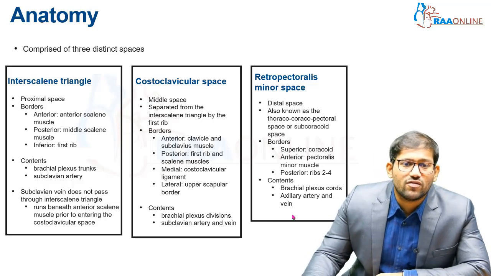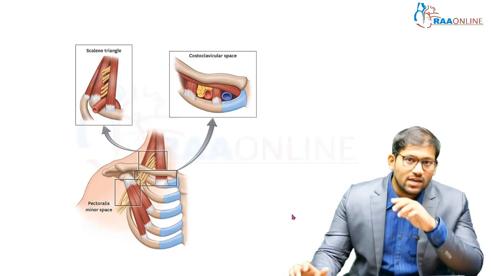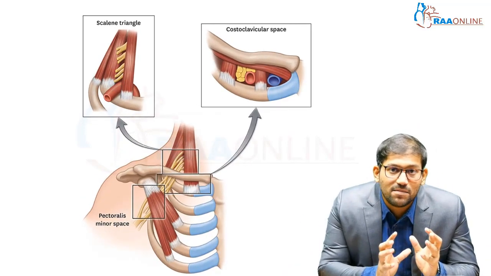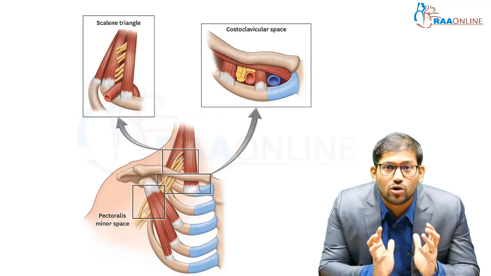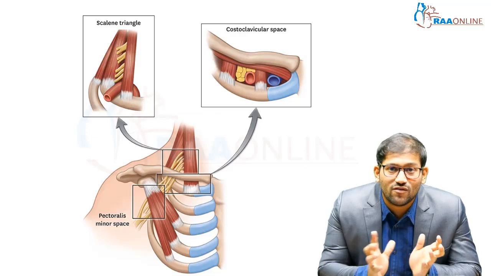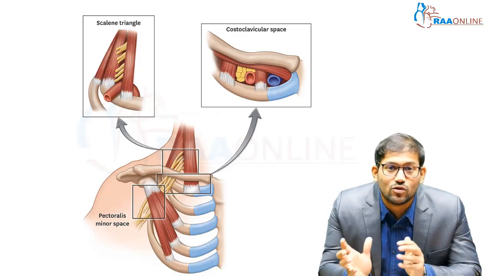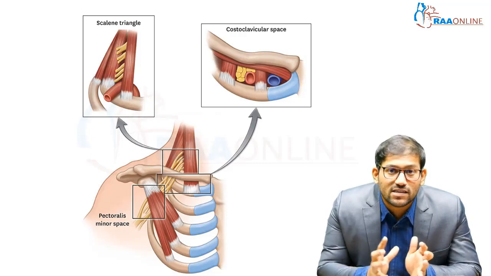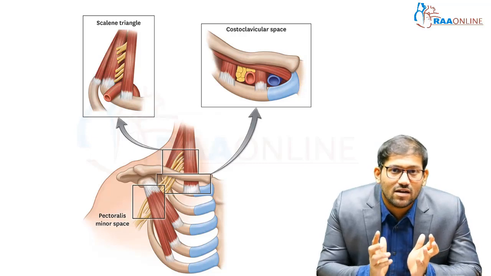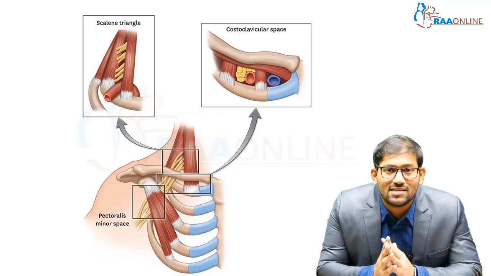Why this is of importance is because you need to know that there are two important structures. You have your brachial plexus, which is of a more neurologic component, and your vasculature, which has both vein as well as artery. So there can be either a vessel being impeded, being an artery, or a vein being impeded, which causes a different set of signs and symptoms.